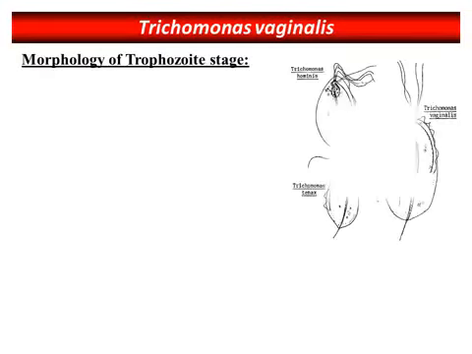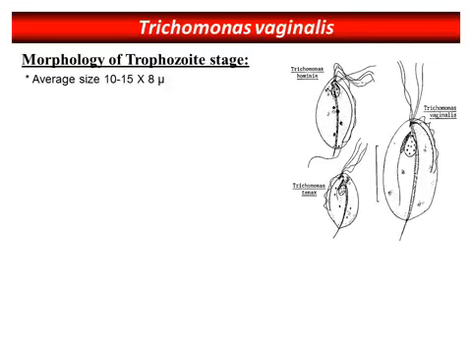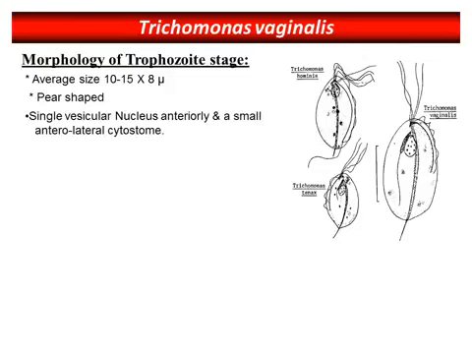Morphology of the trophozoite stage: average size 10 to 15 by 8 micron, pear shaped, single vesicular nucleus anteriorly, and a small anterolateral cytostome, which is the mouth.